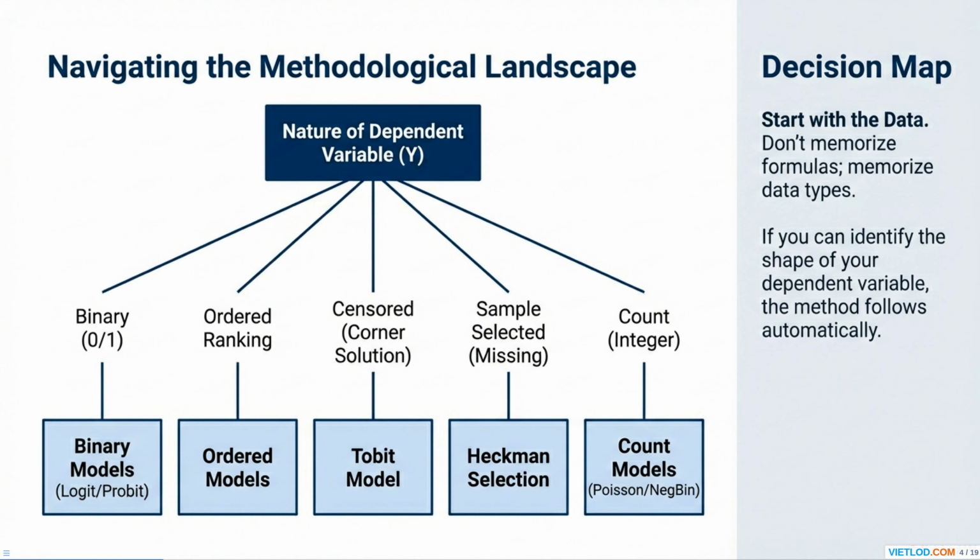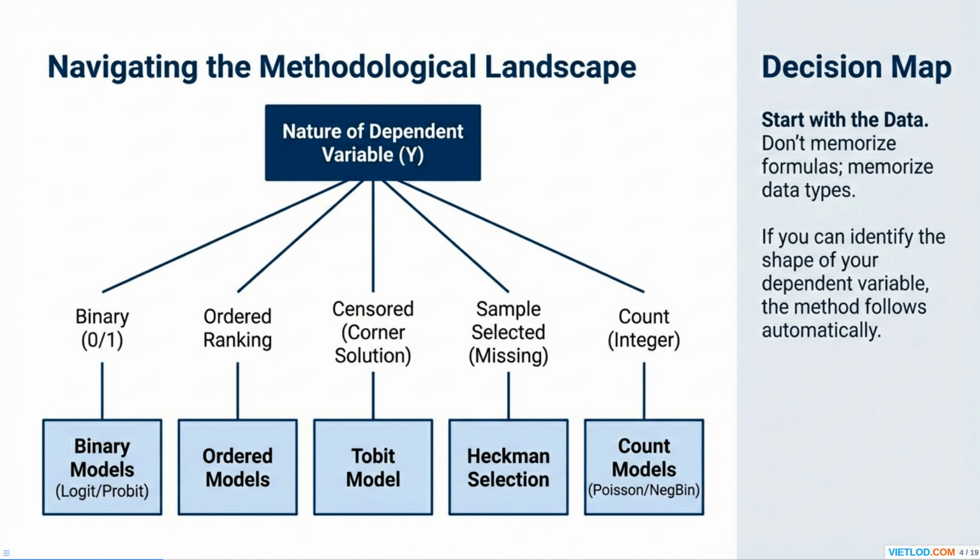When dealing with variables that have a natural ranking, but where the intervals between categories are not necessarily equal, like survey responses on a scale, ordered models are the suitable approach. If your variable is continuous but has a significant pileup at a specific value, often 0, representing a corner solution, then a Tobit model is required.